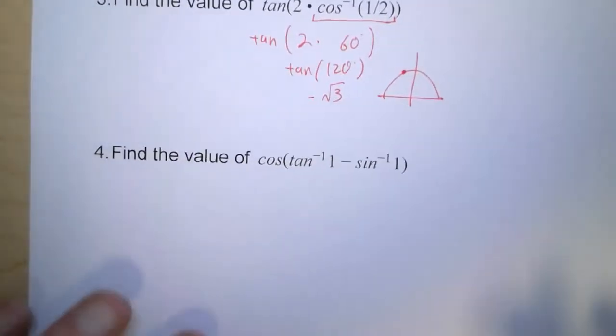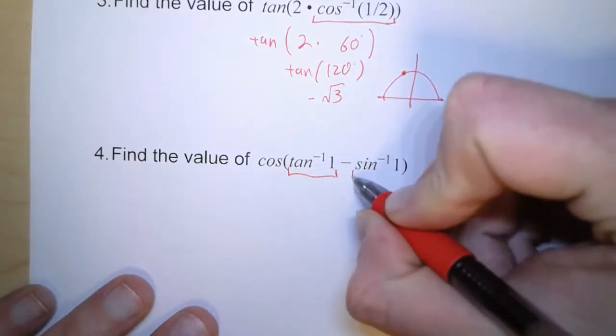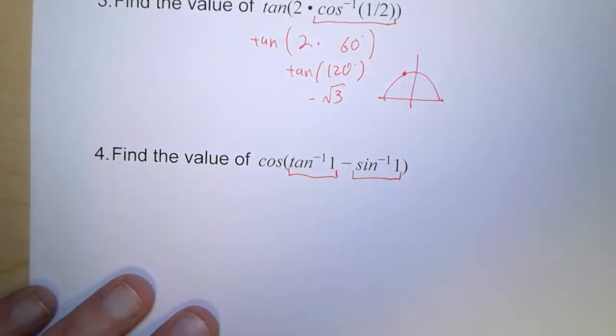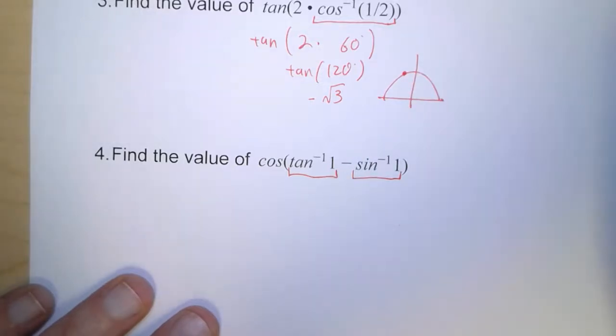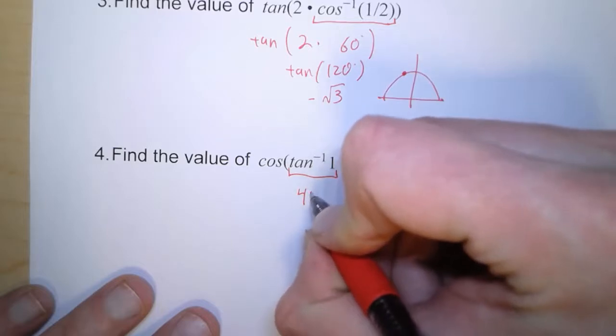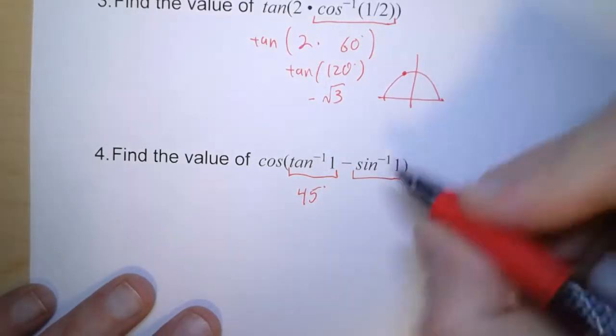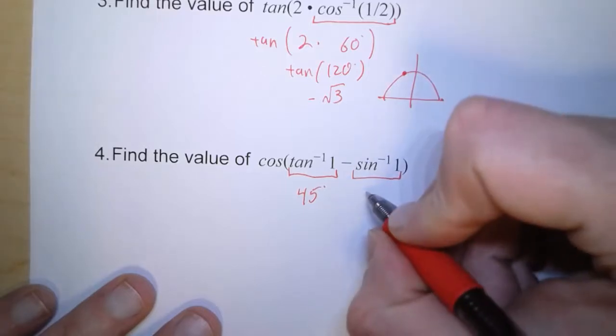Then, number 4, here we have two expressions, tan inverse of 1 and sine inverse of 1. So tan inverse of 1 is asking, when is tangent 1? Well, that value is at an angle of 45 degrees. This is asking, when does sine have a ratio of 1? What angle does that happen?